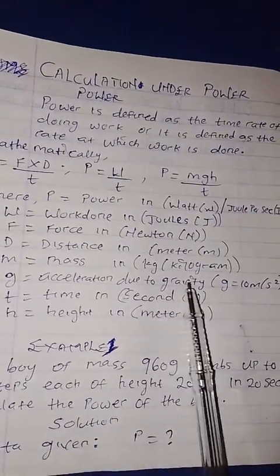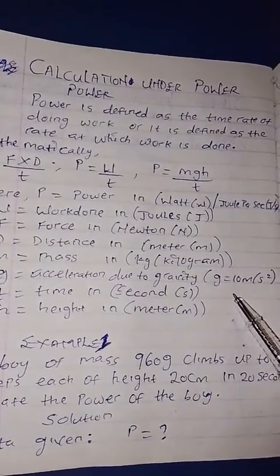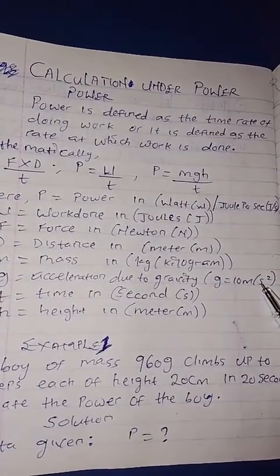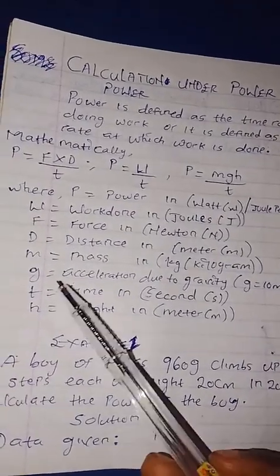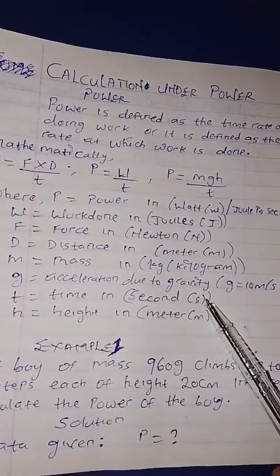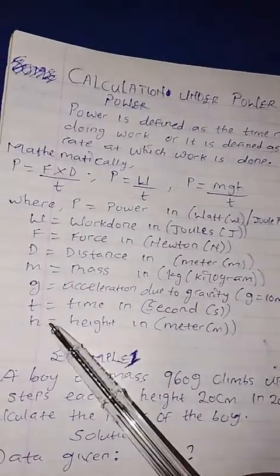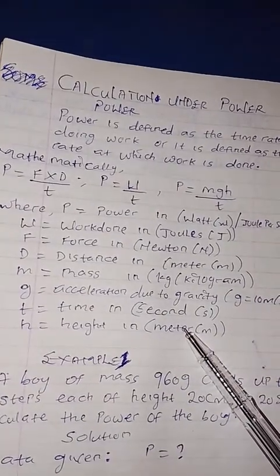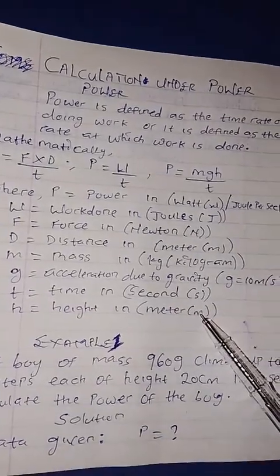G is acceleration due to gravity and is a constant, whereby we know that G is equals to 10 meter per second square, or 9.8. Now, T is time in second, which is small letter s. The abbreviation for second is s. Now, H is called height in meter. Height is also a distance, so it's in meter, which is small letter m.